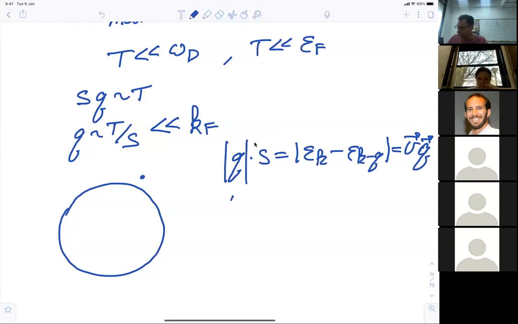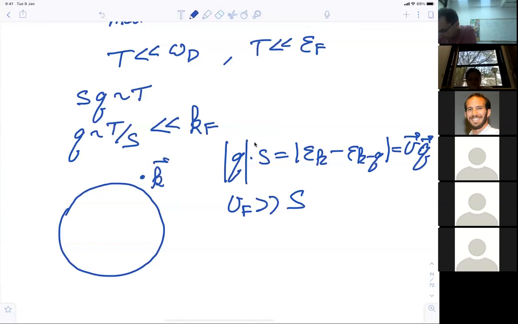And now v Fermi is much greater than s. So there is an electron somewhere in the state k.